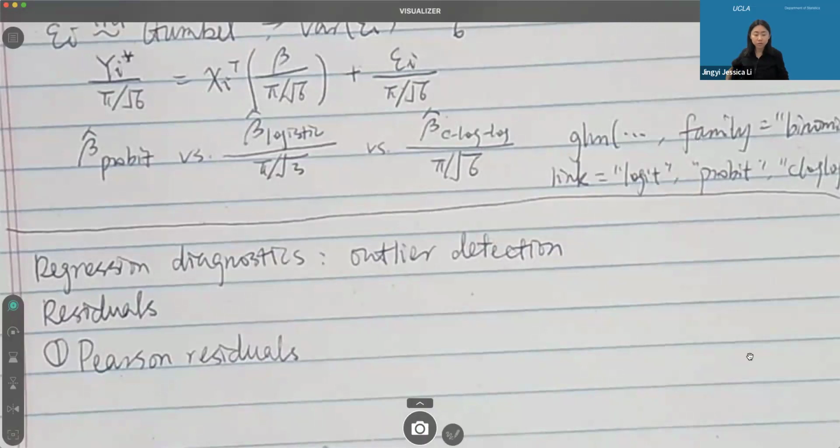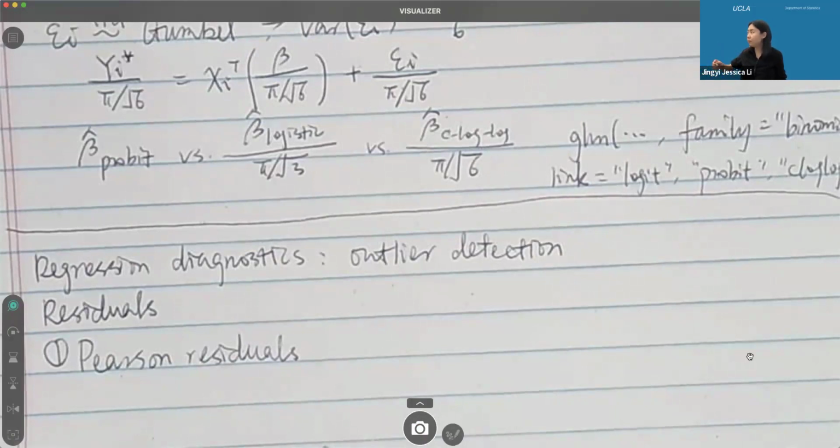The Poisson residual is basically defined as yi minus its predicted value, which is mu I hat for the generalized linear model, because mu I is the expectation of yi. Our estimate mu I hat is what we predict for yi.